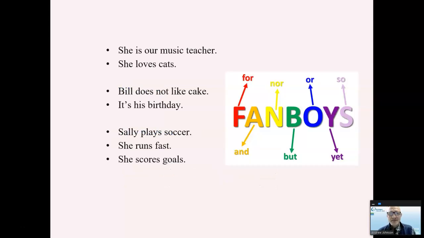Throw it away. Fanboys. These are the connecting words: for, and, nor, but, or, yet, so. You get the idea. And if you really want to be crazy, you can go with 3 sentences and ask them to combine. And I sometimes ask students to combine them using as few words as possible.